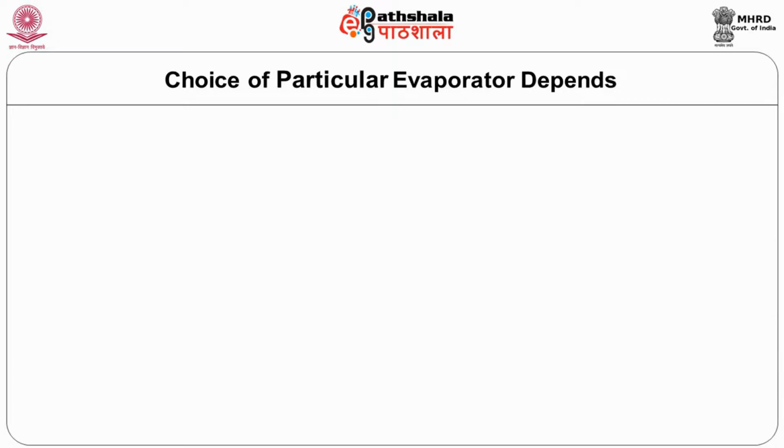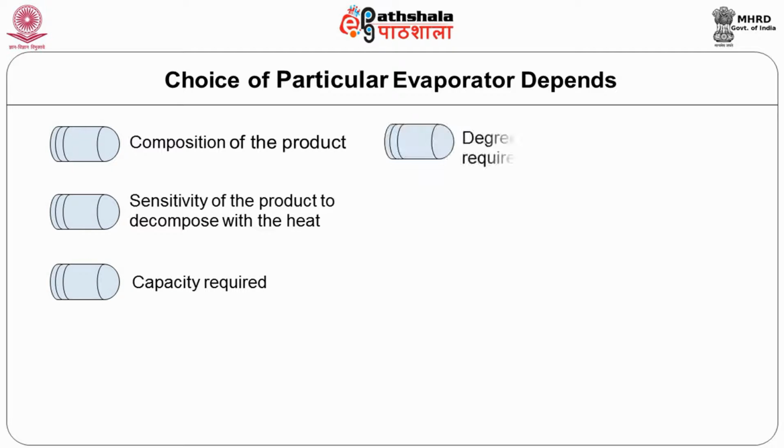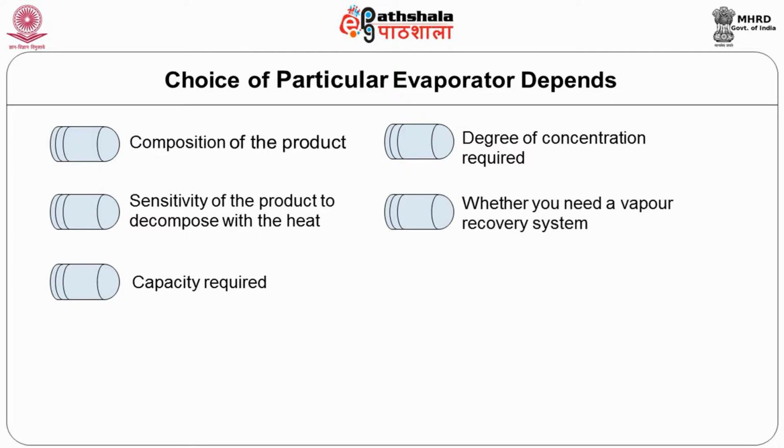The choice of a particular method to concentrate depends on the composition of the product, sensitivity of the product to decompose with heat, capacity required, degree of concentration required, whether you need a vapor recovery system, ease of cleaning. Finally, it also depends on what is the capital and operating cost one can invest.